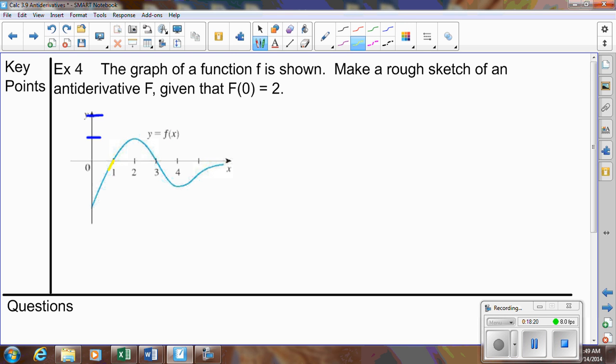Specifically, this whole region is under the x-axis, which means it's negative. What does a negative slope mean? The function is decreasing.